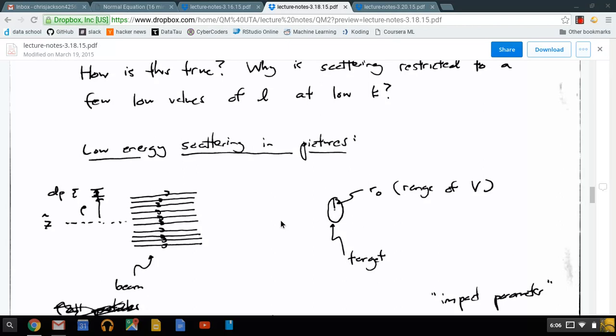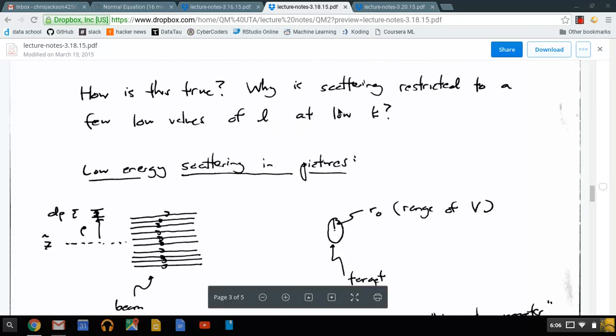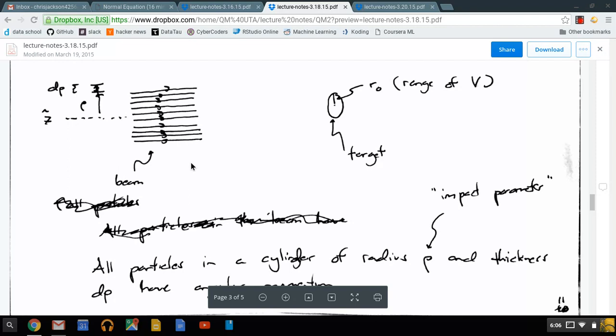So how is it that at low energy you only have contributions from the first few partial waves? We have a low energy setup: a beam of particles coming in at a relatively low energy, and as usual, the spread of this beam in the transverse direction is much larger than the range of our potential. You can imagine cylinders of particles, a cylinder at radius rho with some thickness d rho.